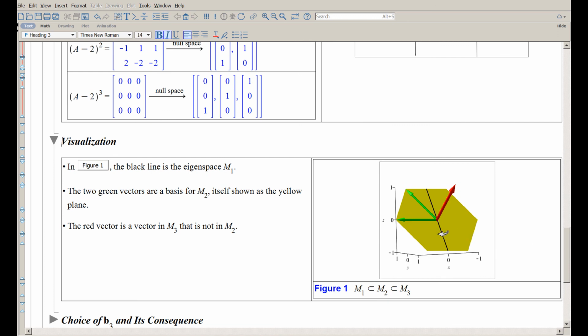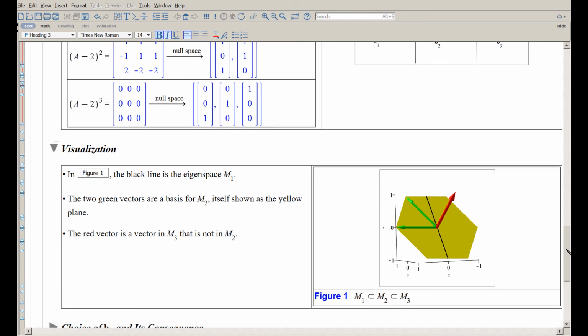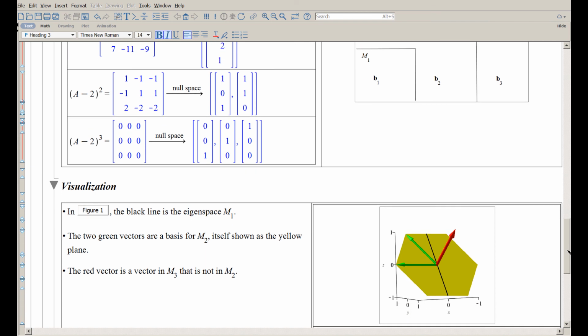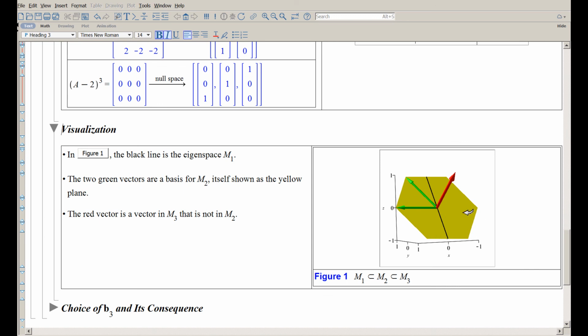It must lie inside M2. Now M2 is going to be a plane because it has two generators. And these are the two generators. The red vector is a vector not in M2. So it's not in the plane.